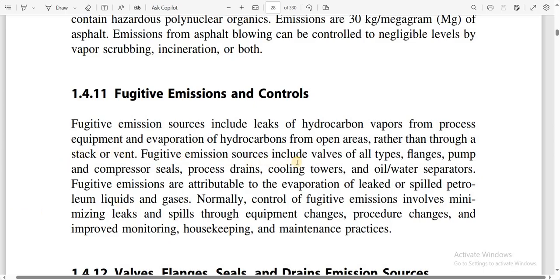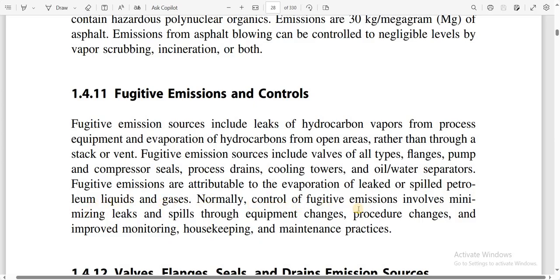Fugitive emission sources include valves of all types, flanges, pump and compressor seals, process drains, cooling towers, and oil or water separators. Fugitive emissions are attributable to the vaporization of leaked or spilled petroleum liquids and gases.